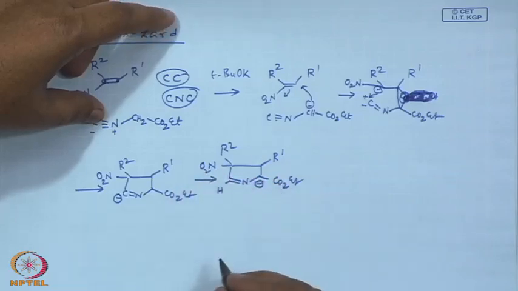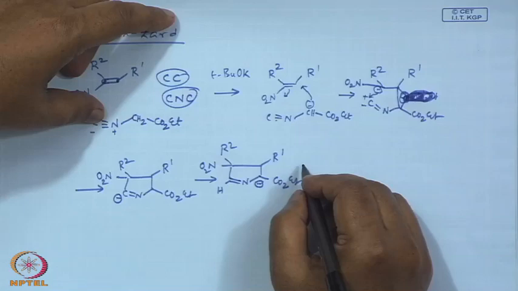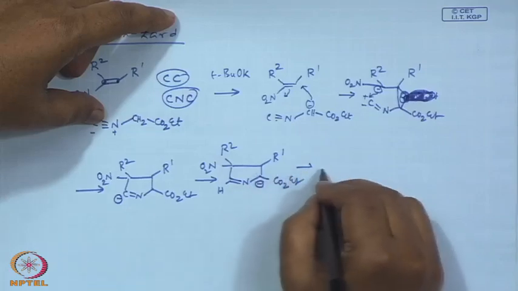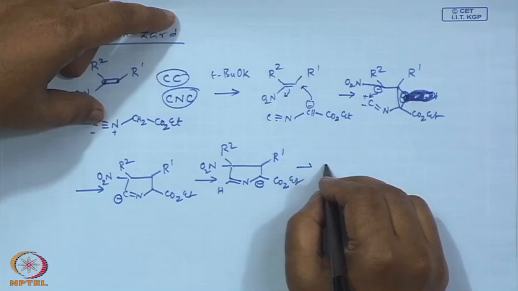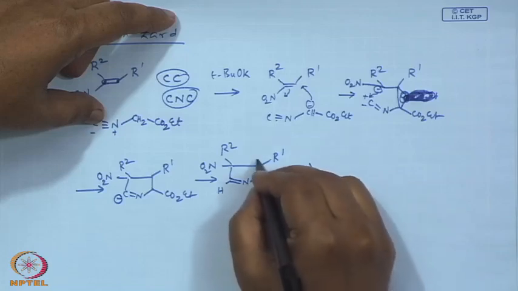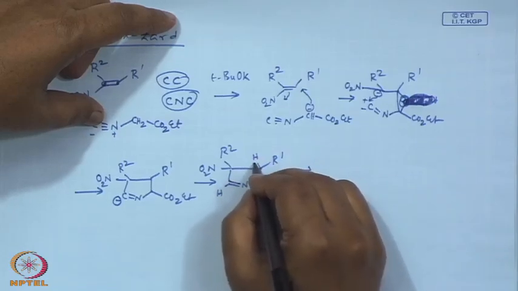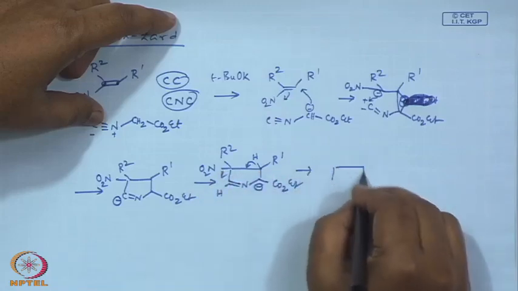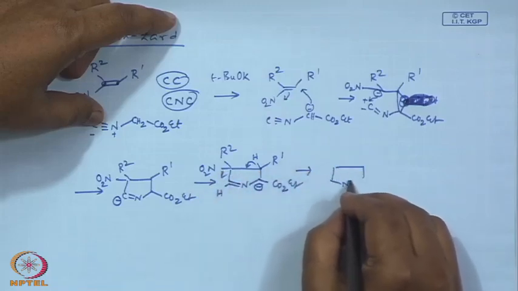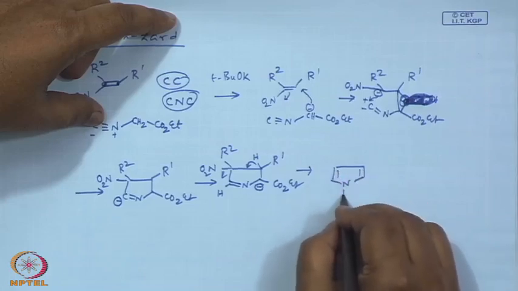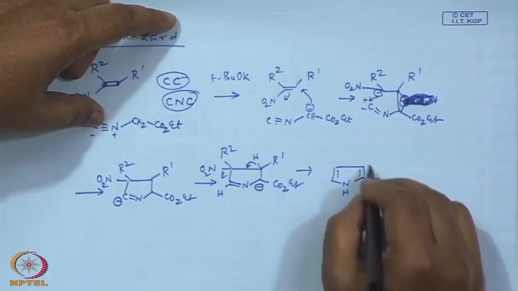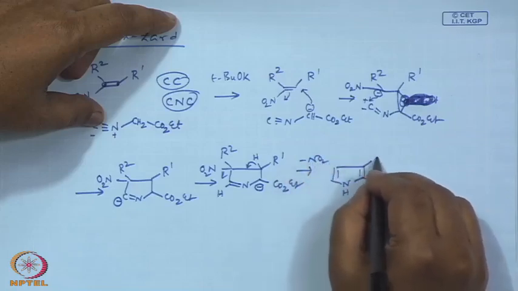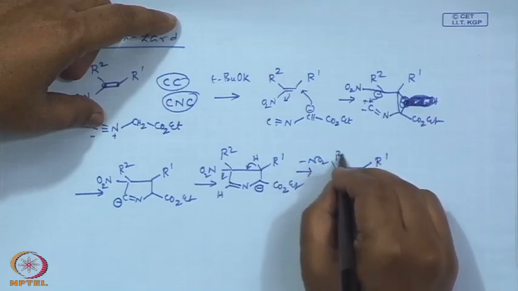So, next, all kinds of deprotonation would be taking place, and eventually there would be a loss of nitrous acid. You can do all kinds of isomerization, all these steps, and eventually you will get the loss of NO2 minus, with R1 and R2.